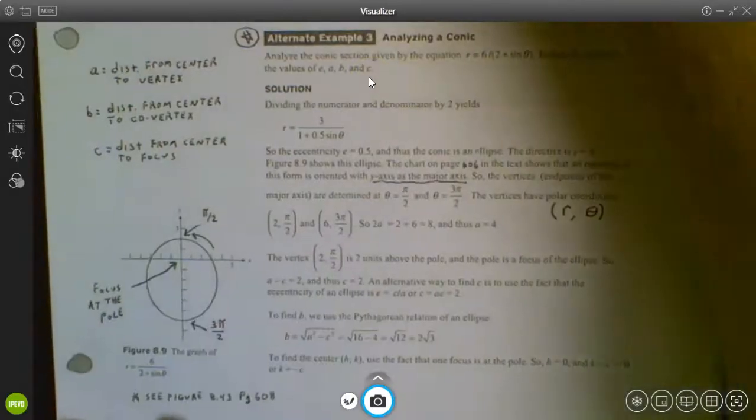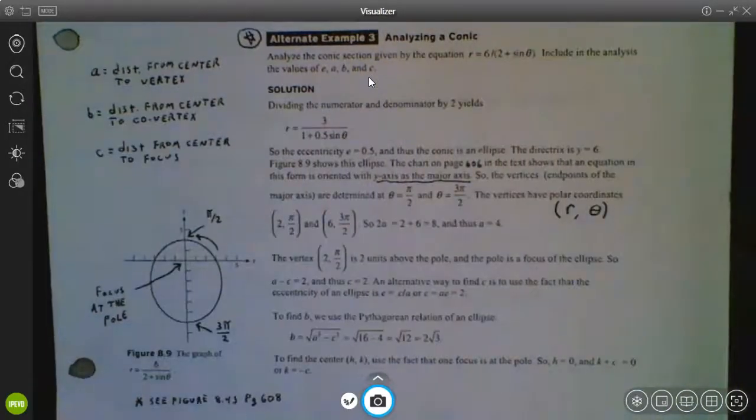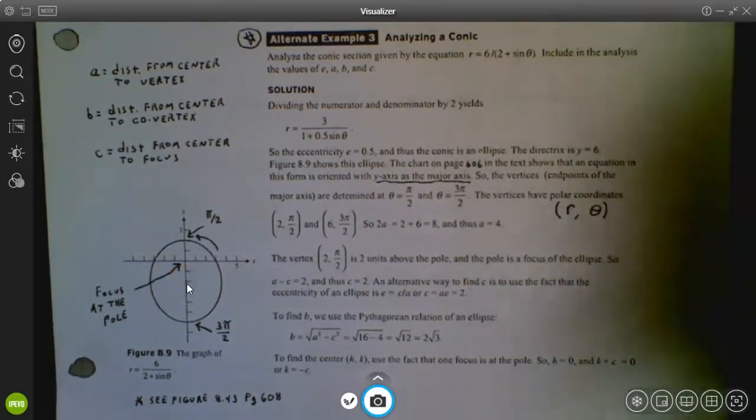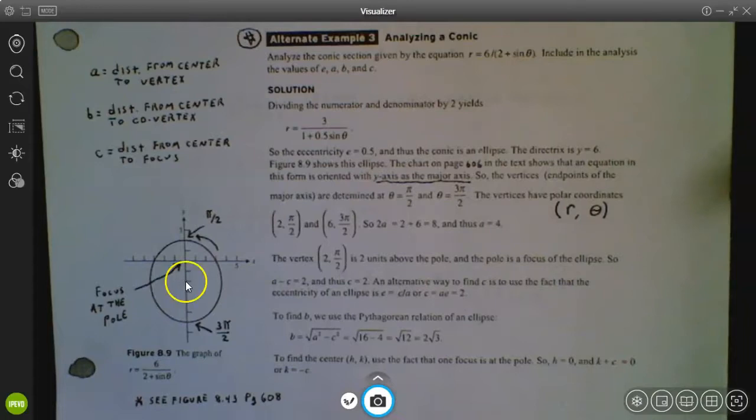I wanted to remind you real quick what A, B, and C represented all along this chapter. So far this chapter, A is always going to represent the distance from the center to a vertex. I'll just use this graph as an example. If my center is here, the distance from this center to either vertex is our value for A. Our value for B has been along the minor axis, the short distance to what we call a covertex.